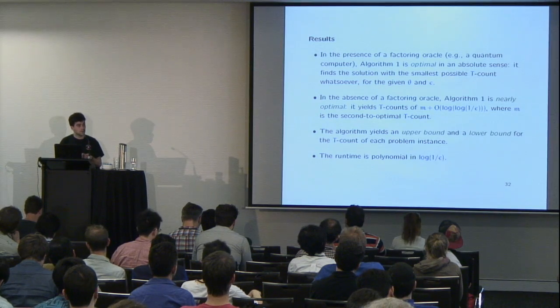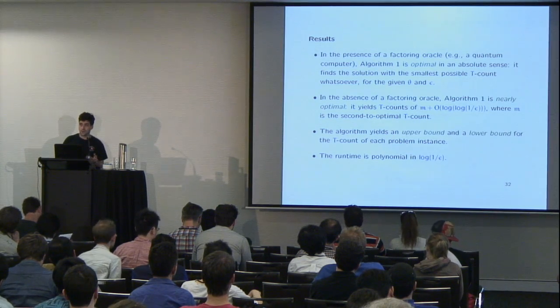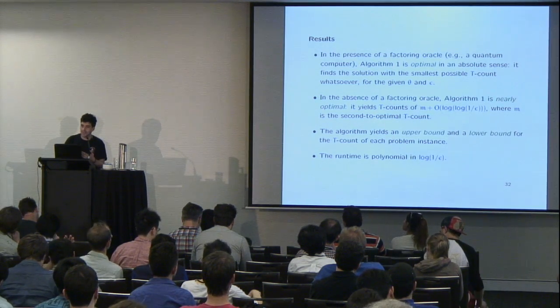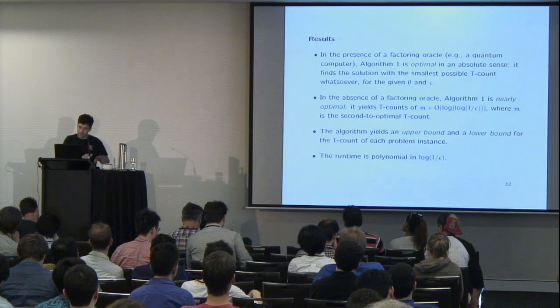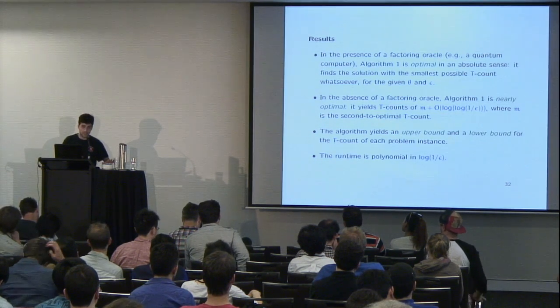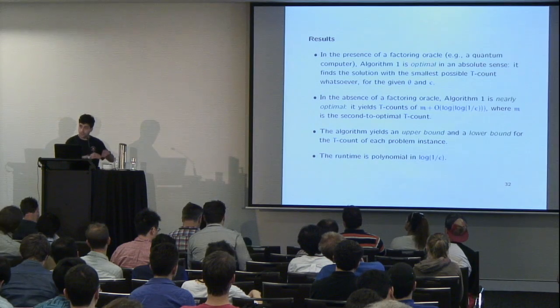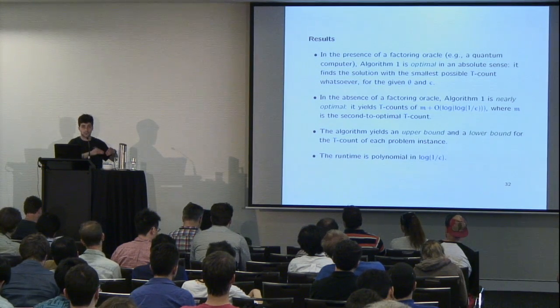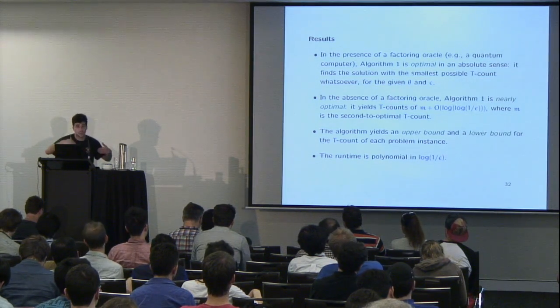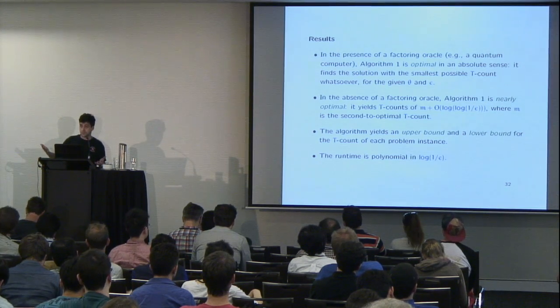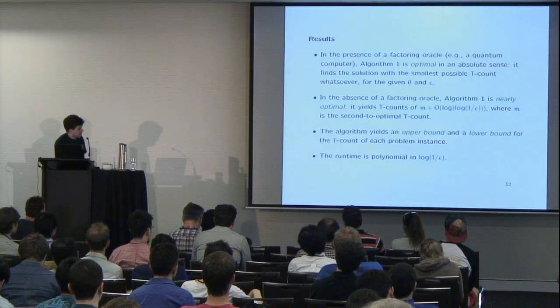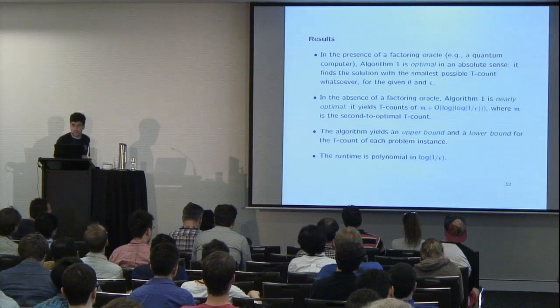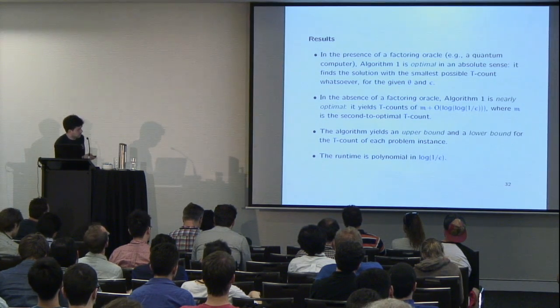But there are some, in the absence of a factoring oracle, where you weren't able to factor, so you left them to the side, and potentially that's a solution. That'll give you a lower bound on the T count for that problem. And then of course you get an upper bound from the actual solution that you construct. And the algorithm runs in time polynomial in log 1 over epsilon.